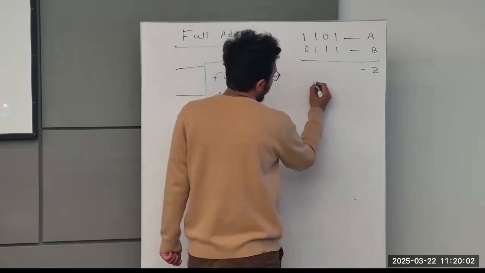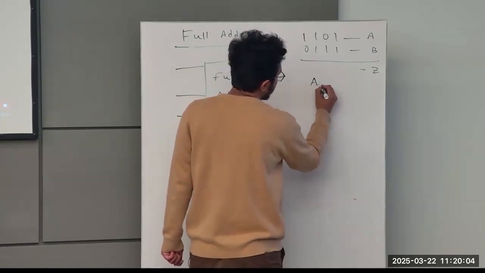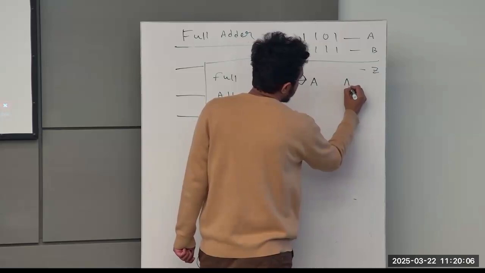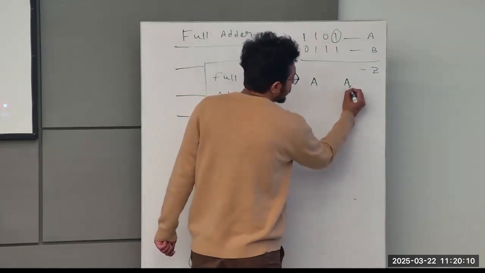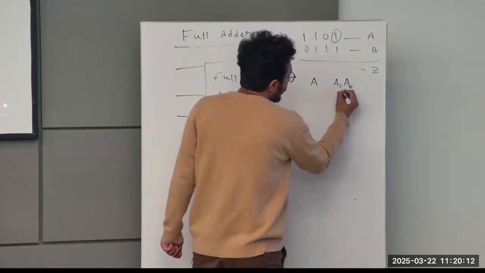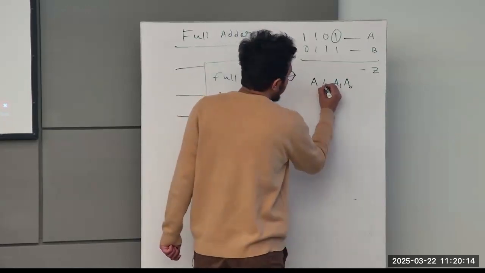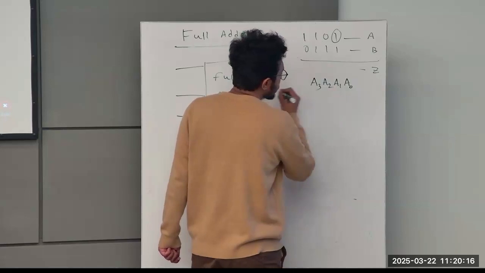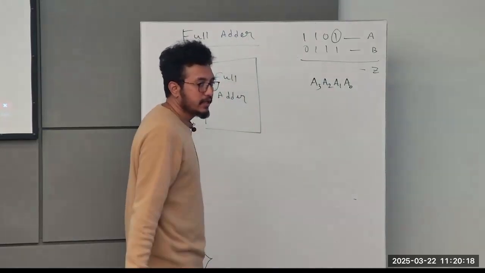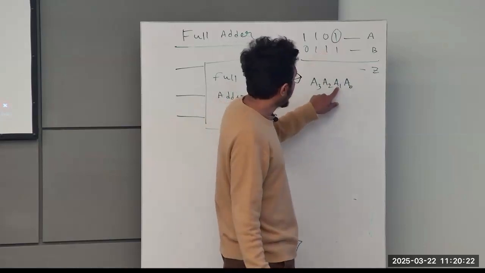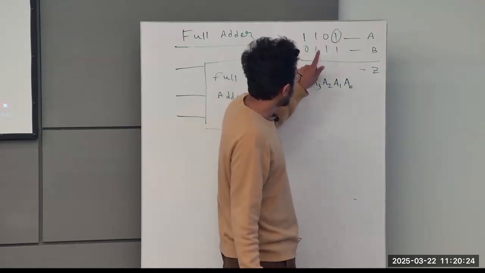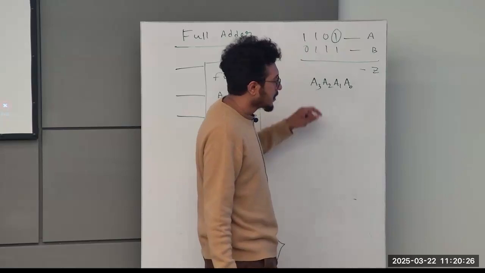We also can express it in this way. The rightmost bit we can call A0. Then the next one we can call A1. Next one we can call A2, and we can call it A3, right? Then our A0 is what? 1. A1 is 0, A2 is 1, and A3 is 1.